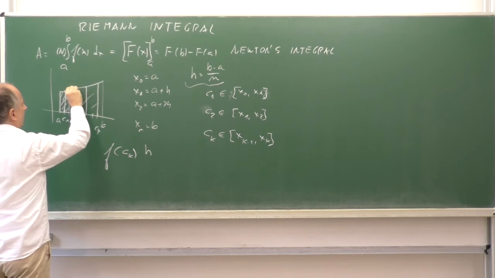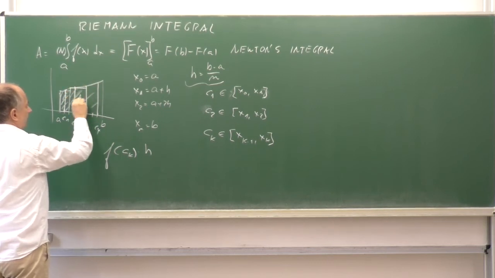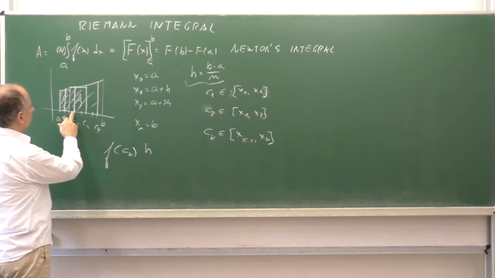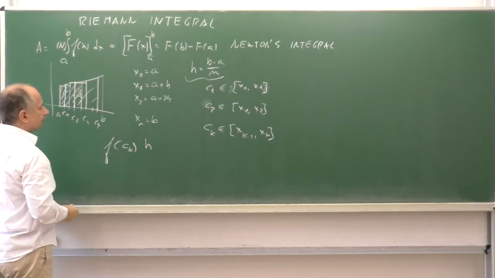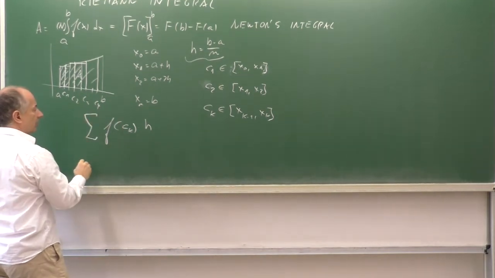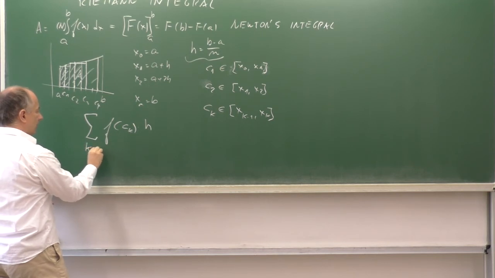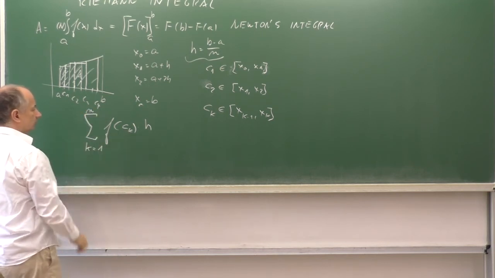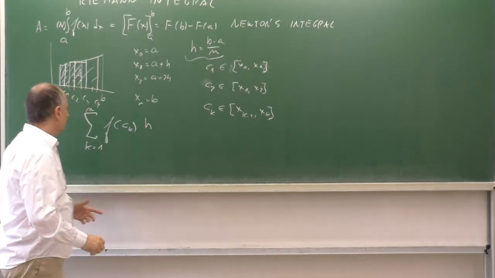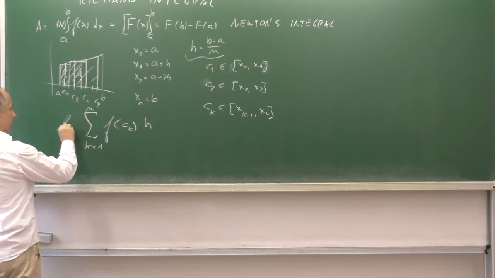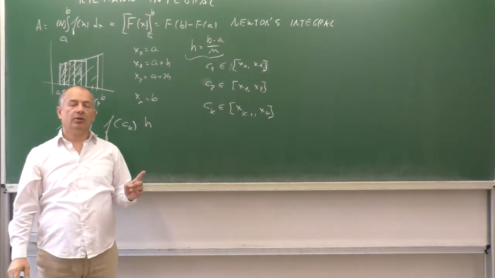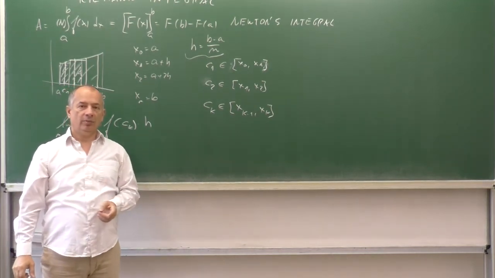Then we take this height and multiply by this width, and this is this rectangle. Going all the way up to here. And then we sum all these contributions for k running from 1 to n. And this is called the Riemann sum. And if the limit for n approaching infinity exists, then this is called the Riemann integral.